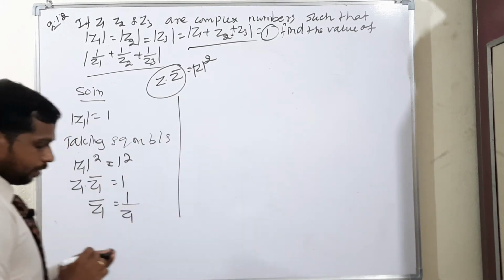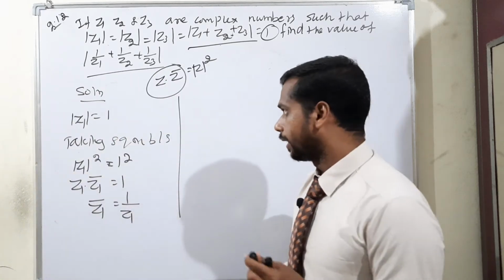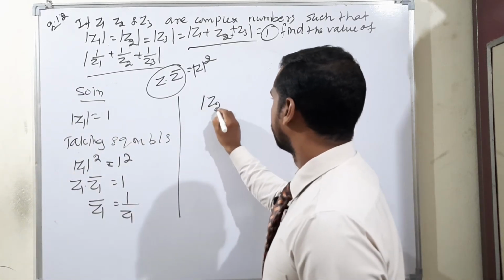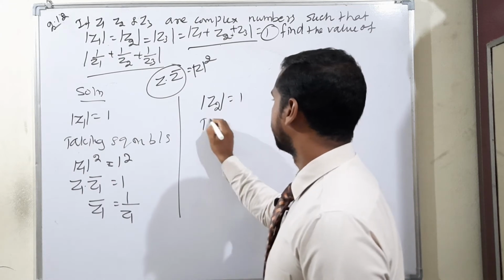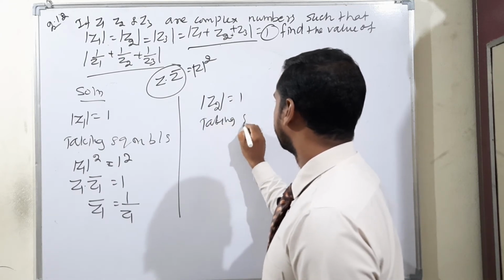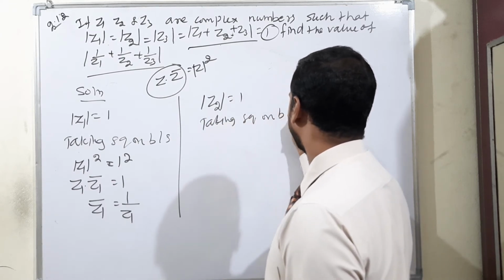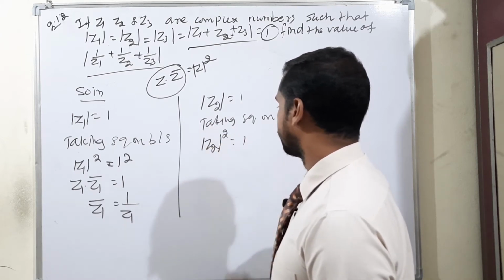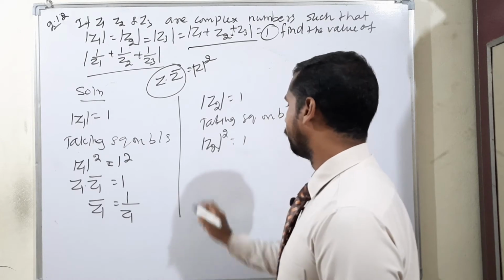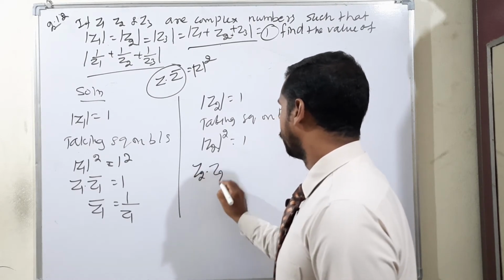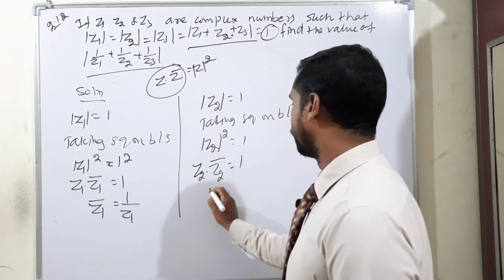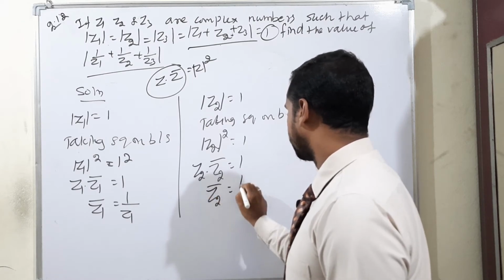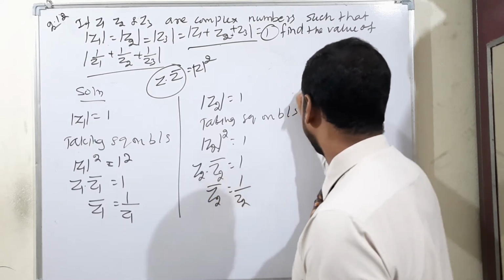As well as the next term, modulus of z2 is equal to 1. Again taking the square on both sides, modulus of z2 squared is equal to 1, so z2 into z2 bar is equal to 1, which means z2 bar is equal to 1 by z2.